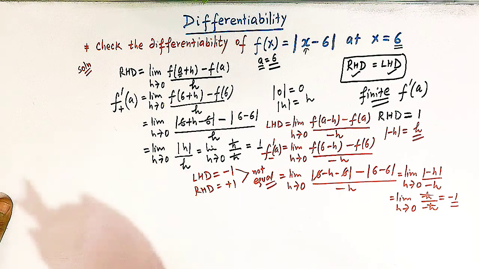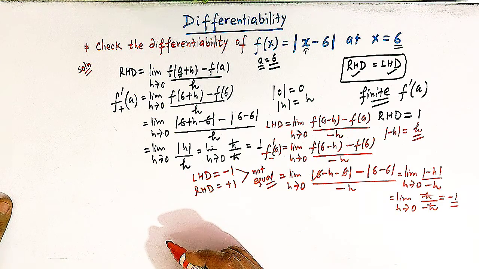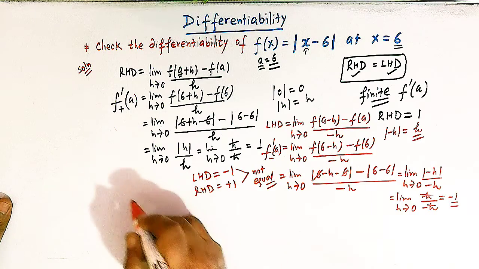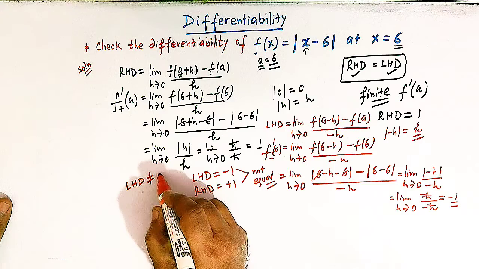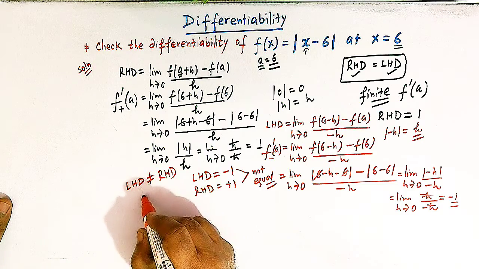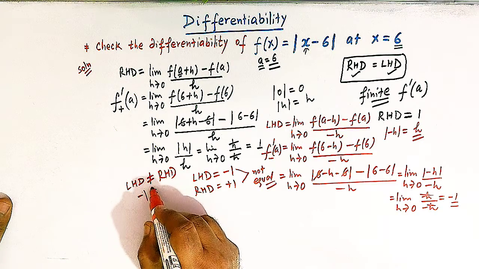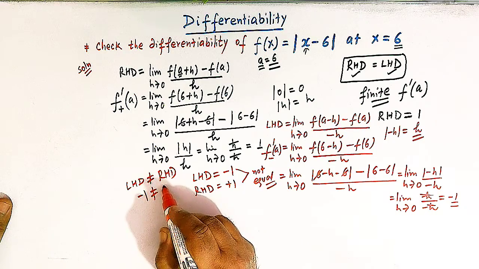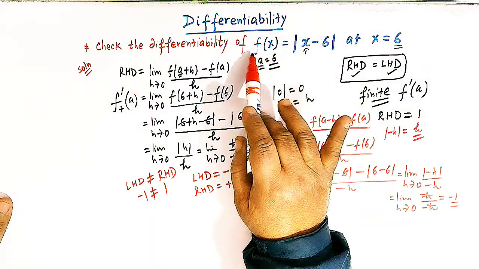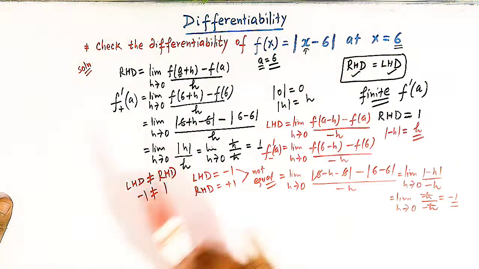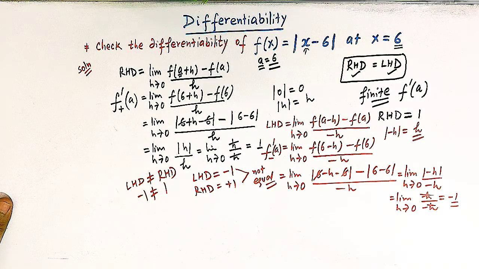But in this case, they are not equal, so it implies that we do not have a unique tangent to the curve at this point x equal to 6, right?